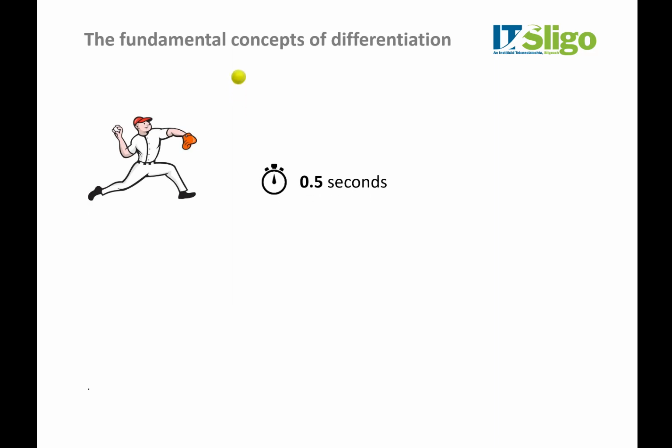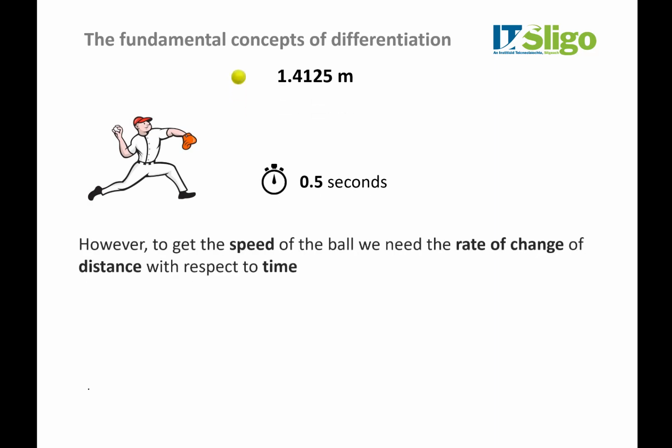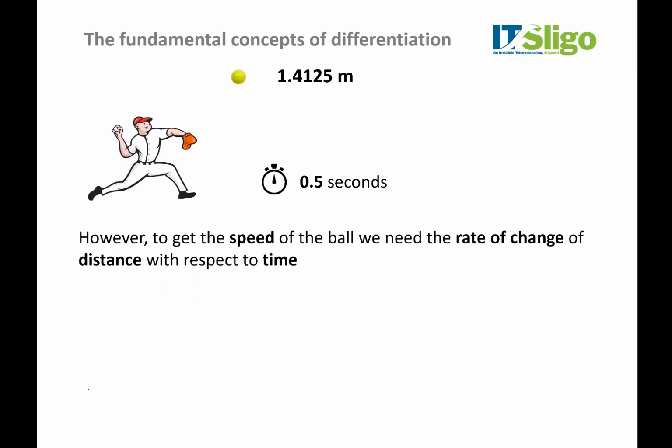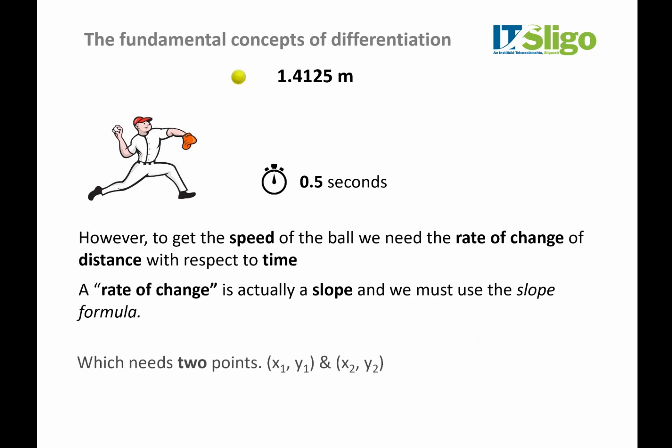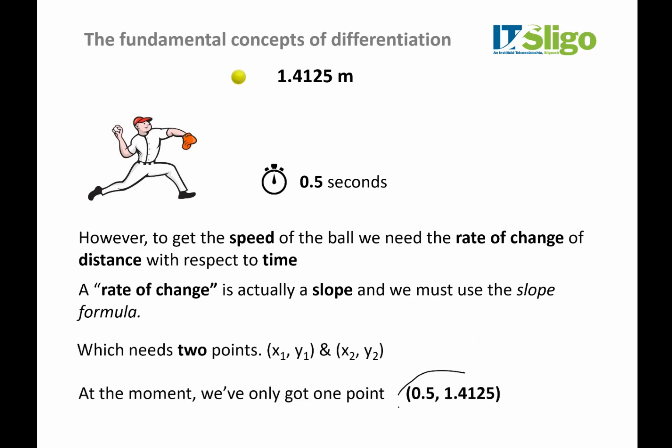And this is what is in this slide here. We want to get the speed of the ball, and the speed is a rate of change, it is a slope. But as we've seen up till now, in order to get the slope, we need 2 points. At the moment, we've only got 1, this point.